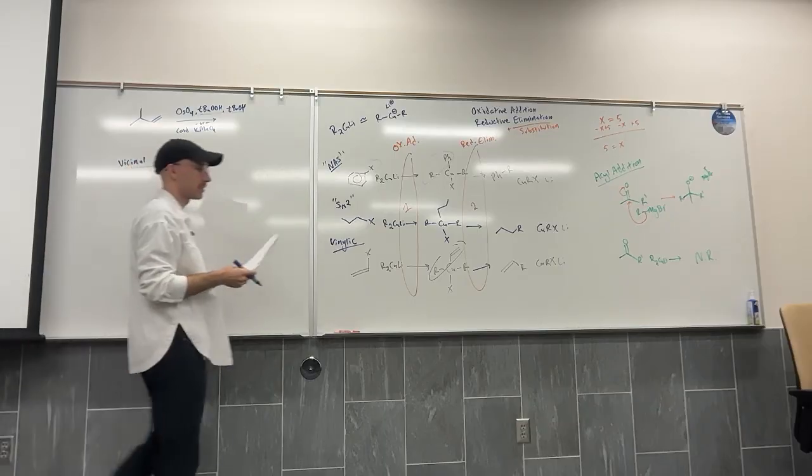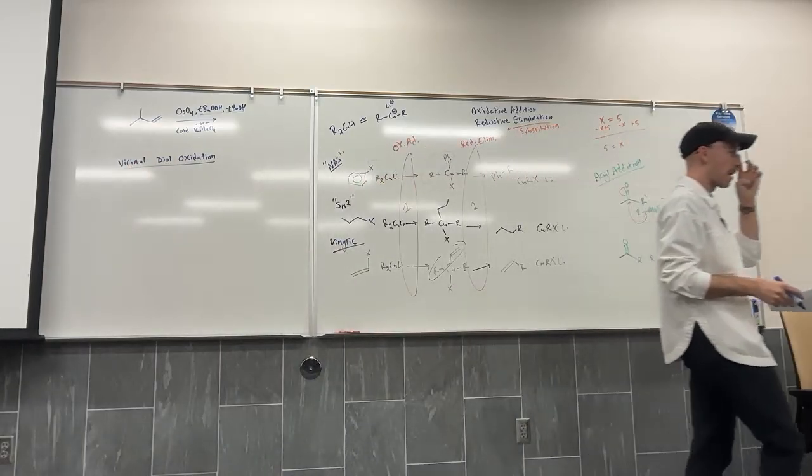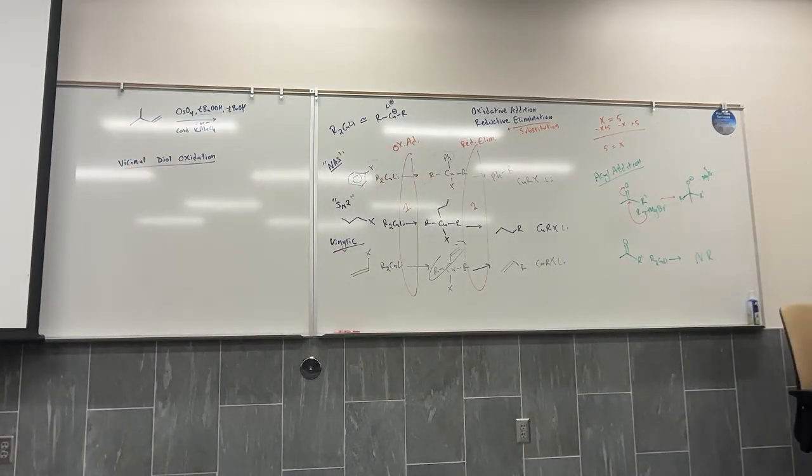And it's a vicinal diol oxidation. To my knowledge, this isn't named after a dead man. So you can either just recognize it by what it is, or you can recognize it by its reagents. I always think this name is going to help better.